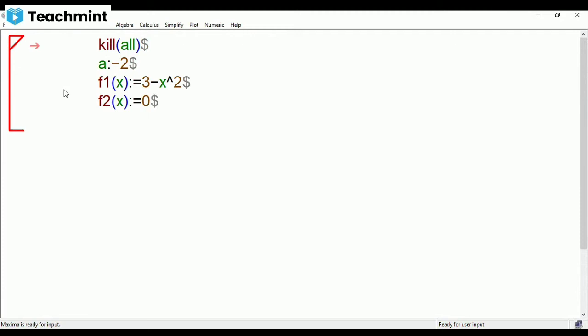And third one, 11 minus x cap 2. Okay, so we have written a and f of x: f1 of x, f2 of x, f3 of x. All 3 together is your f of x.